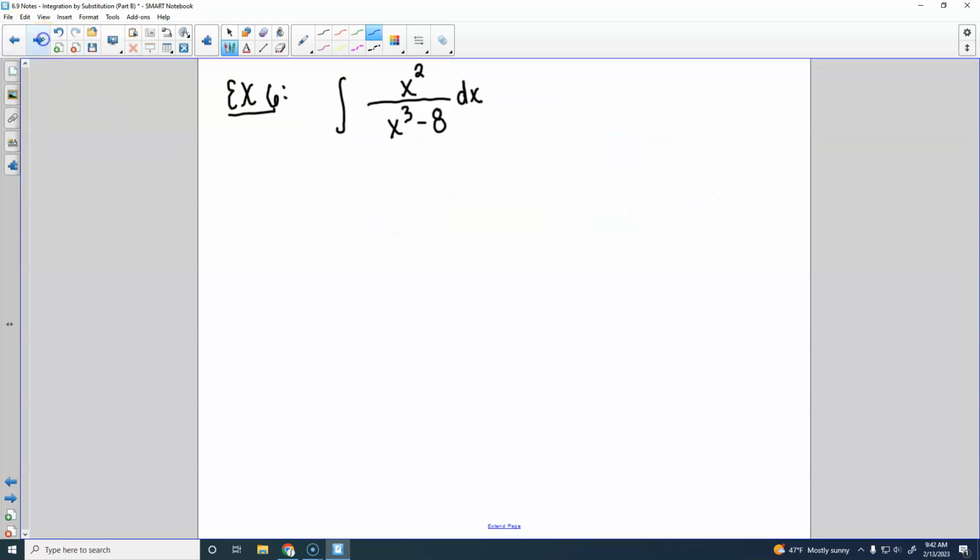Let's try another. All right, so we've got integral of x squared over x to the 3rd minus 8 dx.